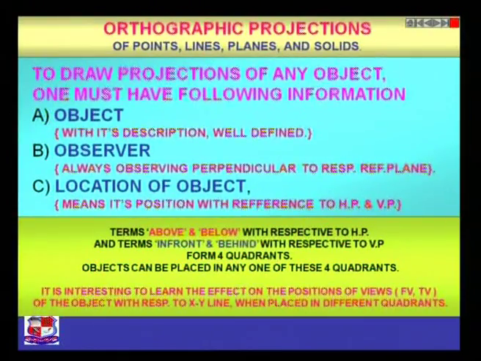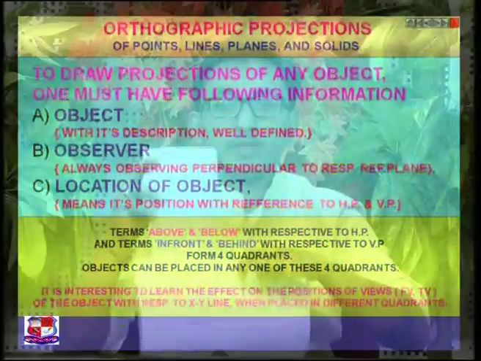Means that if we consider location, if we are having a plane which is horizontal, we can call it a horizontal plane. But if we have a plane which is vertical, then we can call it a vertical plane. Now we have denominated all these terms. If we are having a horizontal plane, we will consider it as HP.